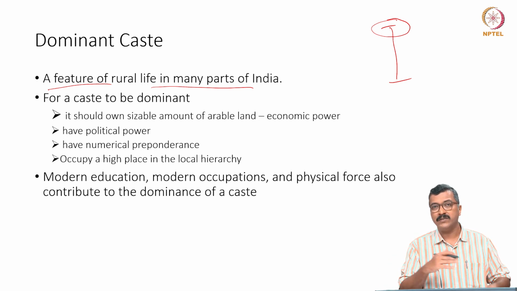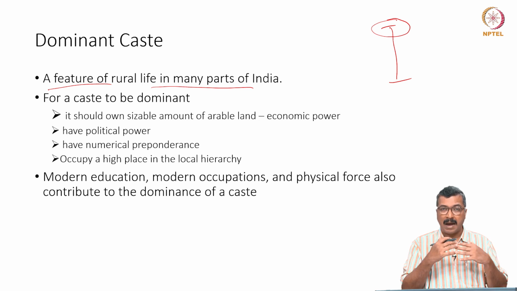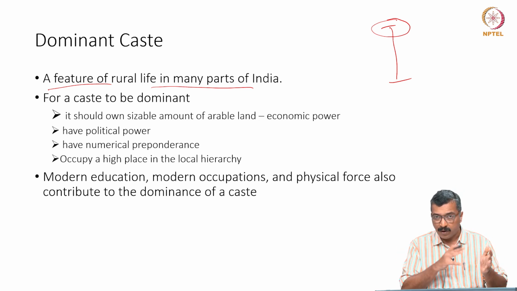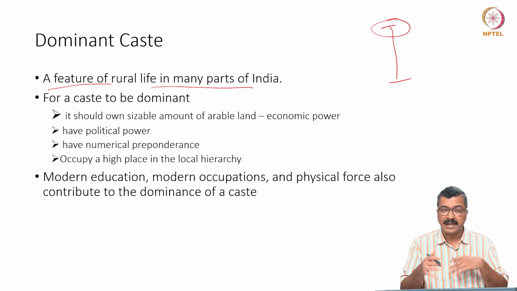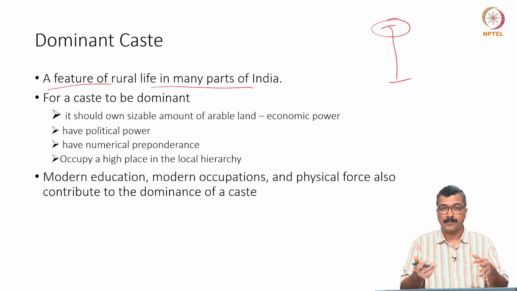And what Srinivas saw in Rampura village, and he gives a lot of examples, is how the village priest, who is a Brahmin, had to depend upon the village headman for a lot of his support, help and guidance, and behaved in a very submissive way in front of the headman.